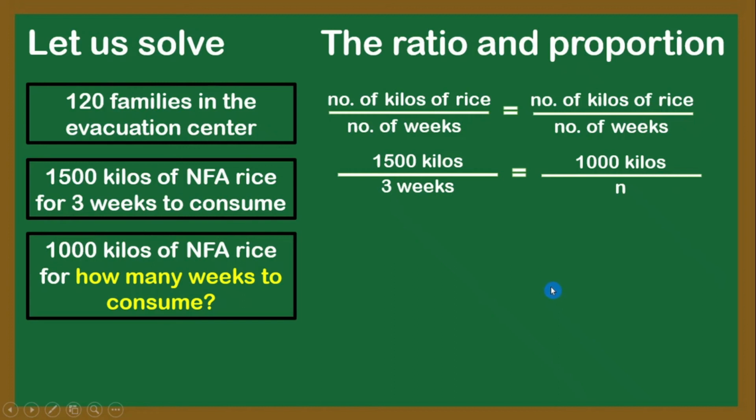We are going to apply the rule of proportion, the cross multiplication, or the product of the means is equal to the product of the extremes. So, cross multiply, we have now 3 weeks times 1,000 kilos and 1,500 kilos times n.